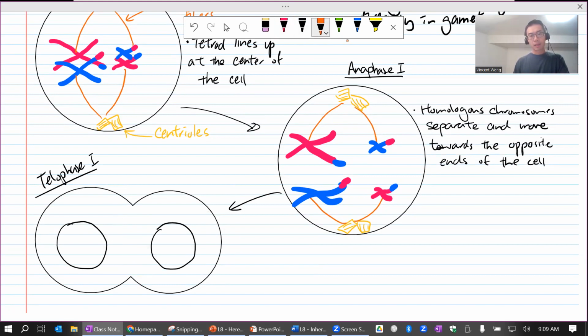So look, these two will end up in one cell, and then these two will end up in another cell. It's gonna look like this.